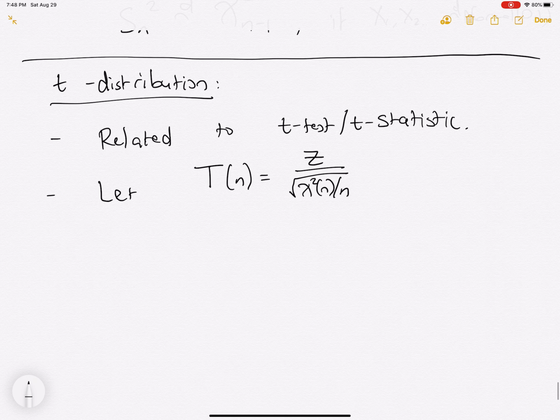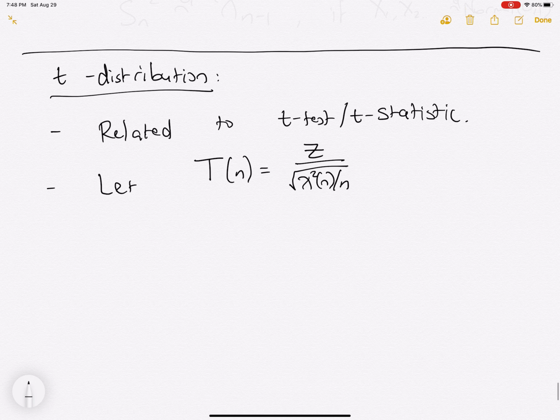So what we're going to do is define T of n in terms of, once again, as I mentioned, all of these distributions can be constructed as functions of standard normal.